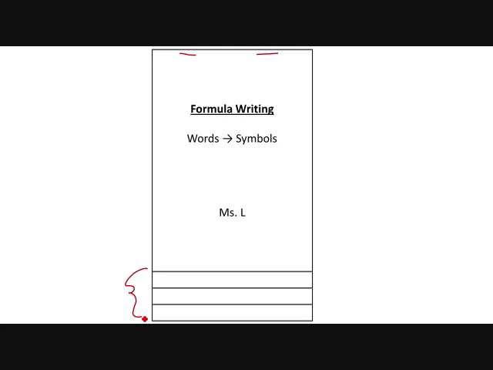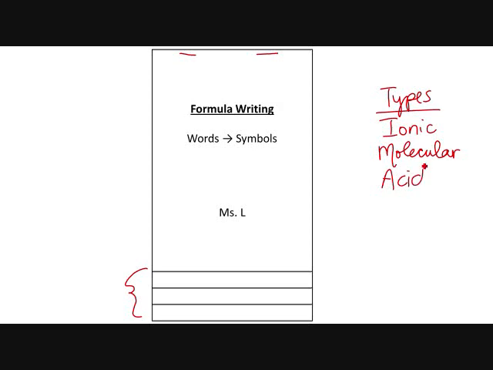And so the whole point of these, remember, is we have to determine the types of the compounds so that we can do it correctly. So the three types, again, just to review, are ionic, molecular, and acids. Okay? So this is going to be a little bit different than how we did the naming one because we're going to just have examples on the last one.